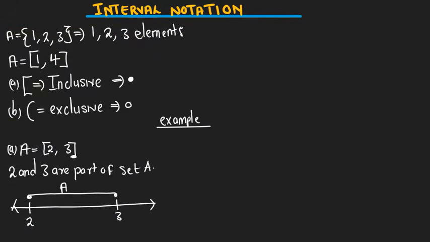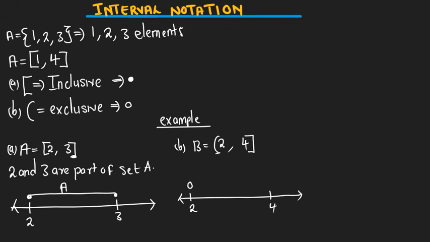How about if you have, let's say, set B. Set B is a set 2, 4. How do you present this on the real line? You draw your line. You're going to put your 2 here. You put your 4 here. Now, because this 2 has an exclusive bracket, you put an open circle.